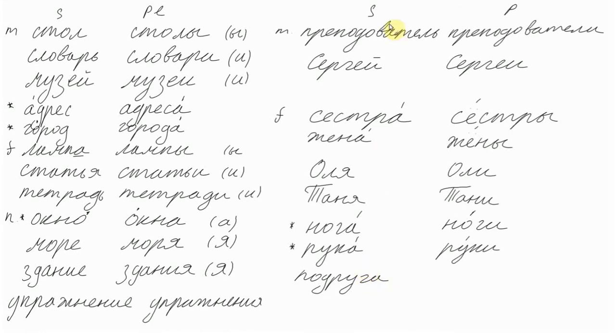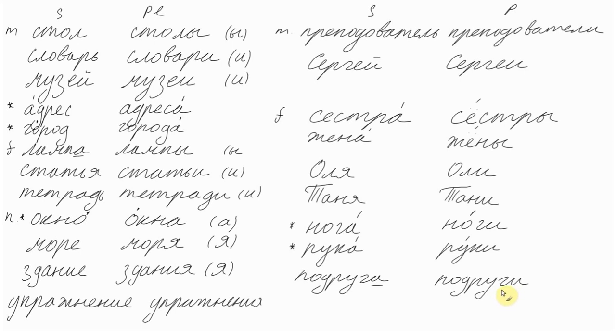We need to take the second set of nouns. It ends in а. Here we got рука and нога ending in а. Подруга ends in а. So the plural is подруги. Подруга, подруги.